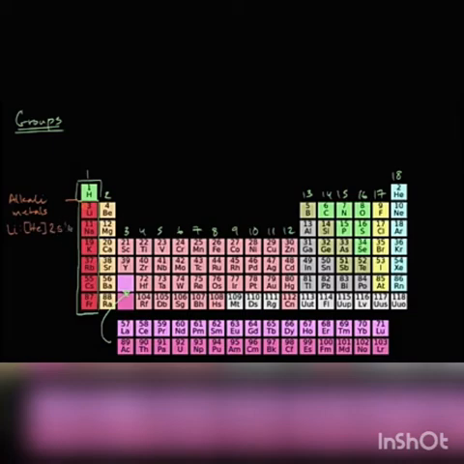It has 1 valence electron. It has 1 electron in its outermost shell. What about sodium? Well, sodium is going to have the same electron configuration as neon. And then it's going to go 3s1. So once again, it has 1 valence electron, 1 electron in its outermost shell.